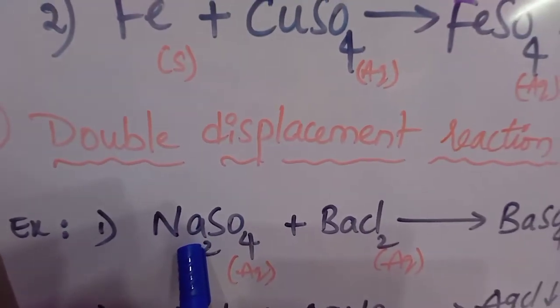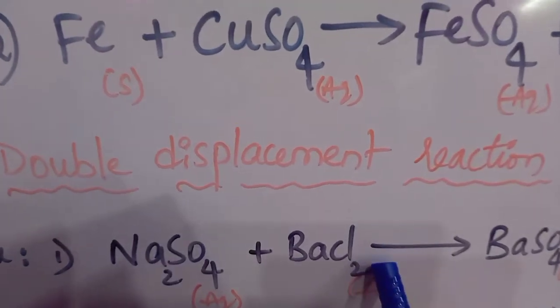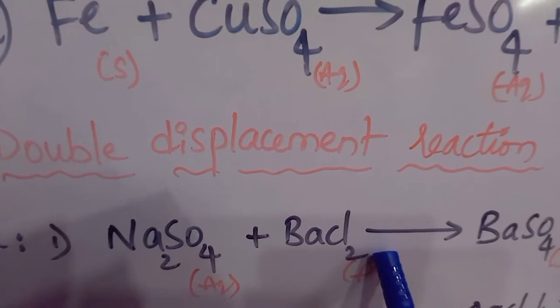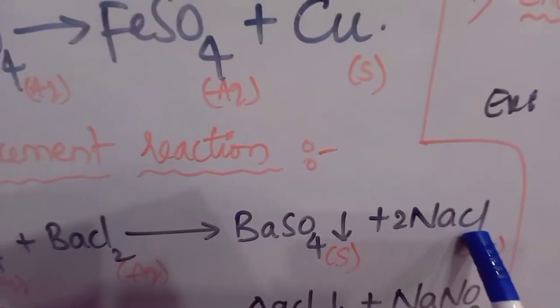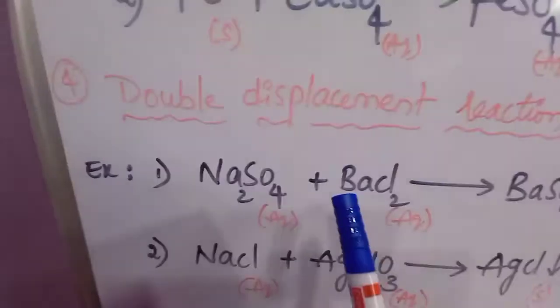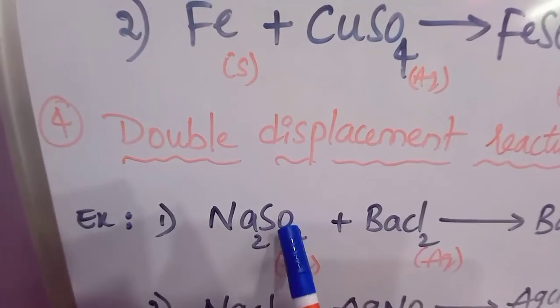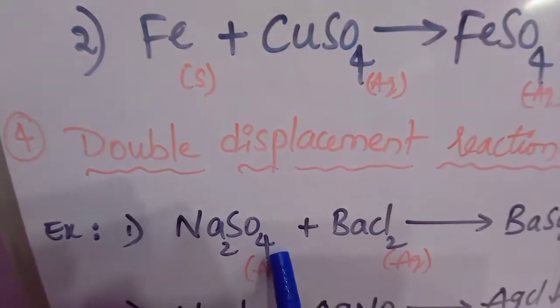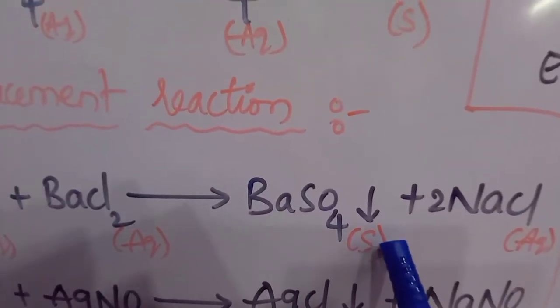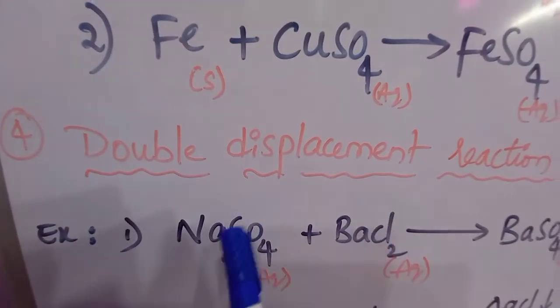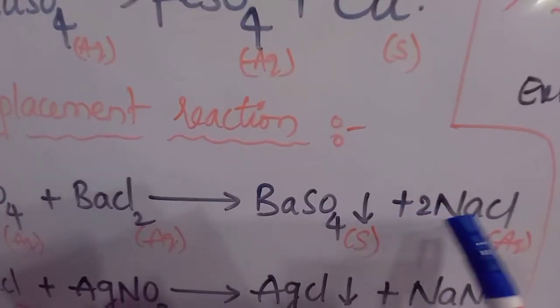As sodium ions are positively charged, they will be attracted towards the chloride ions as they are negatively charged. So positive sodium ions combine with the negative chloride ions to form sodium chloride as the product. In a similar way, the positively charged barium ions are attracted towards the negatively charged sulfate ions, and barium and sulfate ions attract together, and therefore we get barium sulfate as the product. So here these two reactants exchange their constituents. Therefore we get two products.